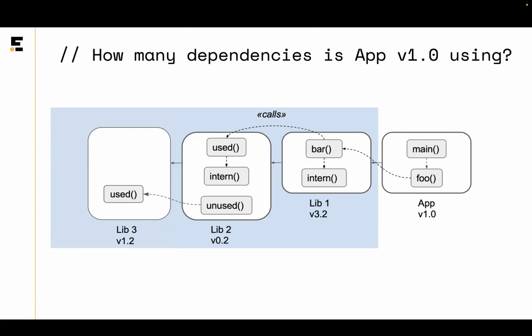This is what I mean by an unreachable transitive dependency, because there is no path from app all the way down to lib3, since the unused function in lib2 is not called through lib1 or even internally through lib2. And this is something that we get by looking into call graphs in general. So this is the main advantage: we can directly see that lib3 is actually not really used as a transitive dependency here.